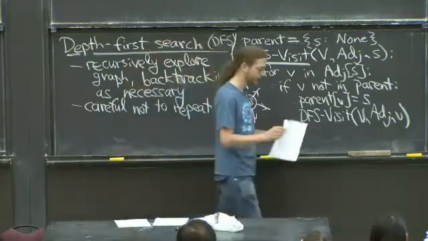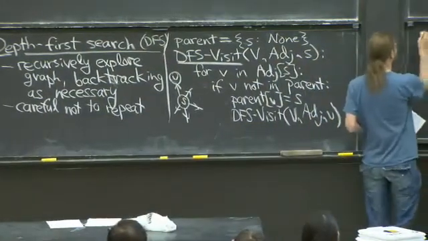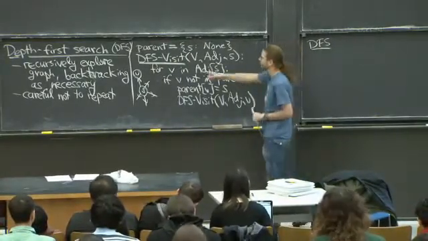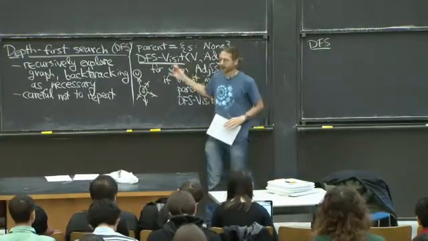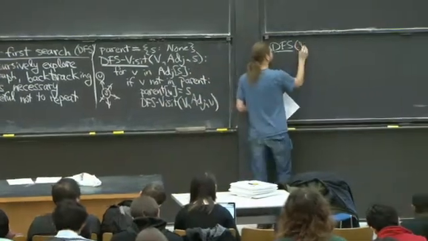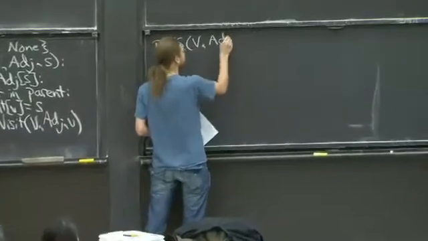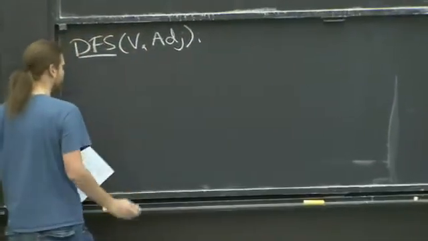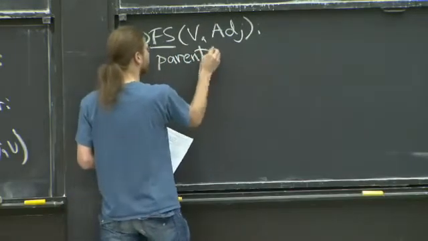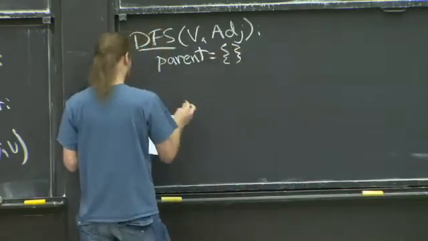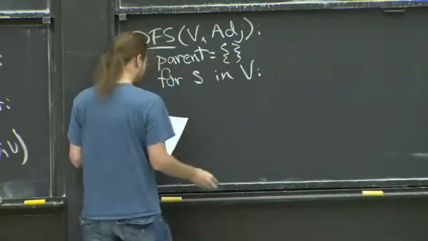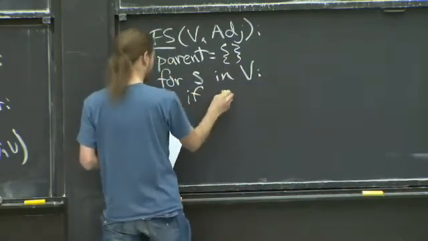The next part of the code I'd like to give you is for visiting all the vertices. In the textbook, this is called DFS, whereas this is just called DFS visit. That's sort of the recursive part, and this is sort of a top-level algorithm. Here we are going to use the set of vertices V. And here we're just going to iterate over the S's.